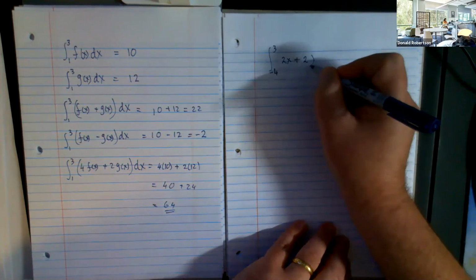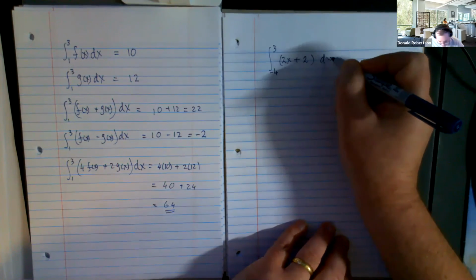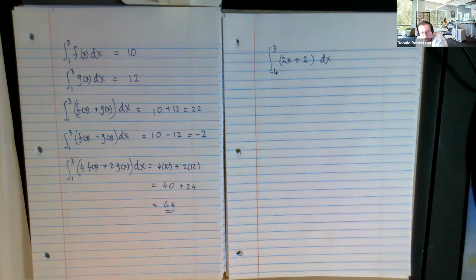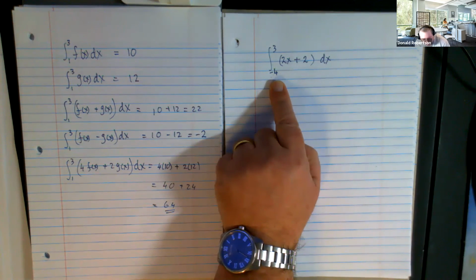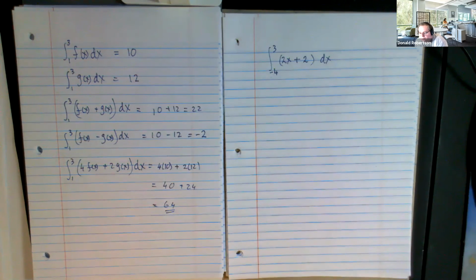We are going to find the exact value of the integral of 2x plus 2, starting at x equals -4 and finishing at 3. And that's all you've been given.